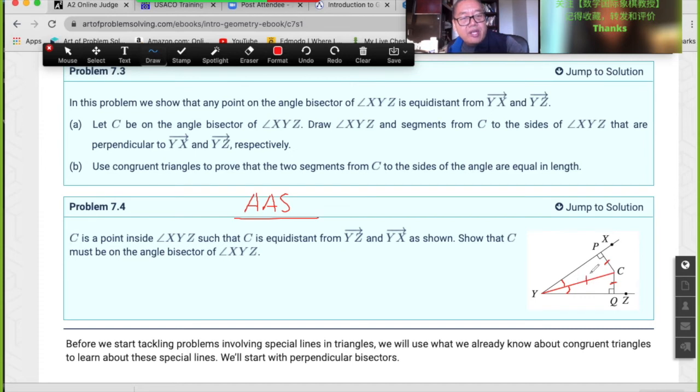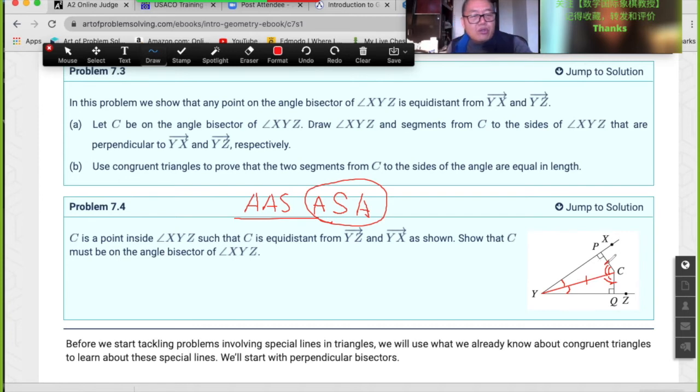You can also say these two pairs of angles are equal, so that means this angle also equals this angle. Then you can use angle side angle. Use this theorem to prove these two triangles are congruent.